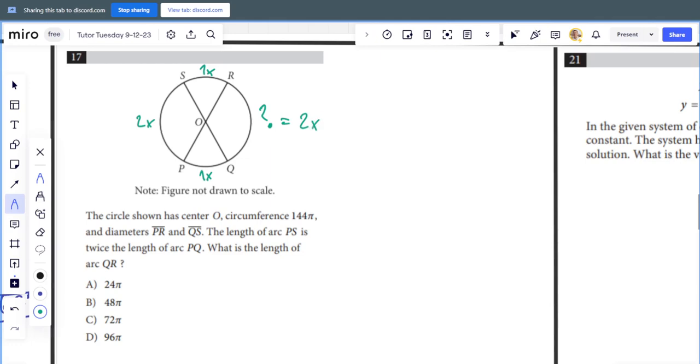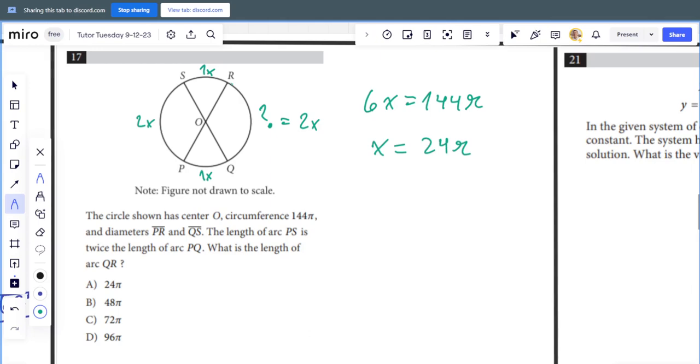Basically, we split this up into parts, where the whole circumference is equal to, if I set this as just x, these arc lengths are twice x. We add everything together and we should get 6x equals 144 pi. All of these arc lengths should add up to the total circumference. So of course x is going to be equal to 24 pi.